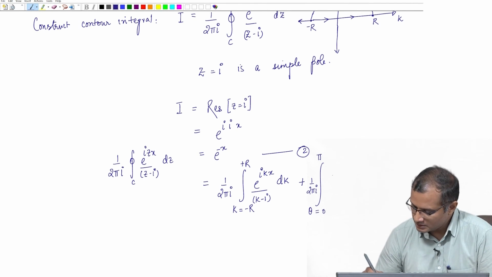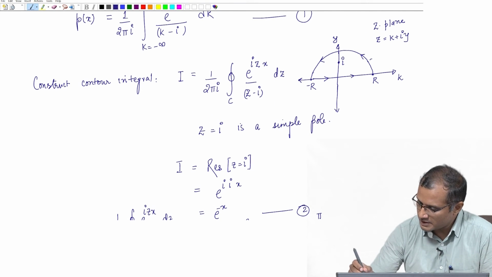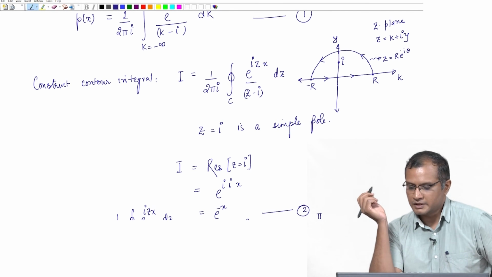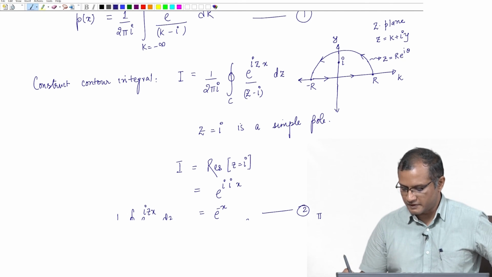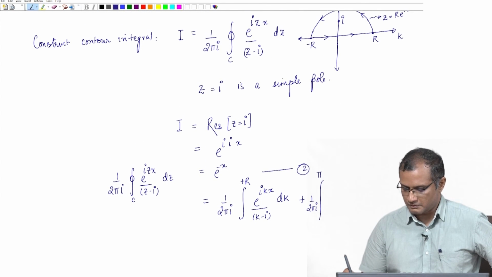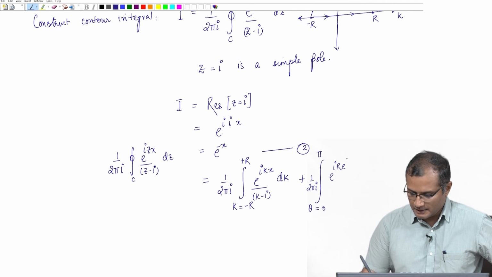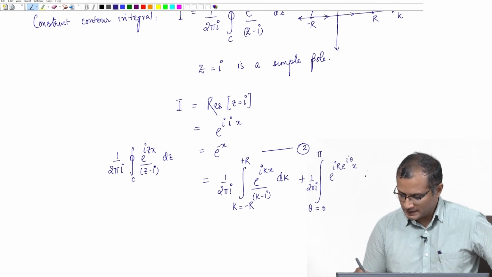On the semicircular contour, the complex variable is basically z equals to R e raised to i theta, because on the circle the magnitude does not vary, R remains constant. It is only the theta that goes between 0 and pi. So, this is nothing but e raised to i R e to the i theta into x.